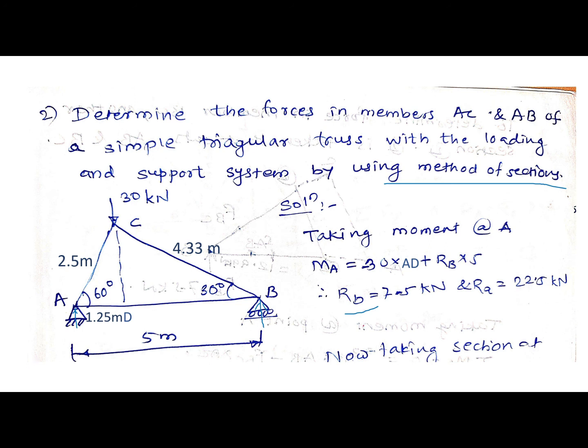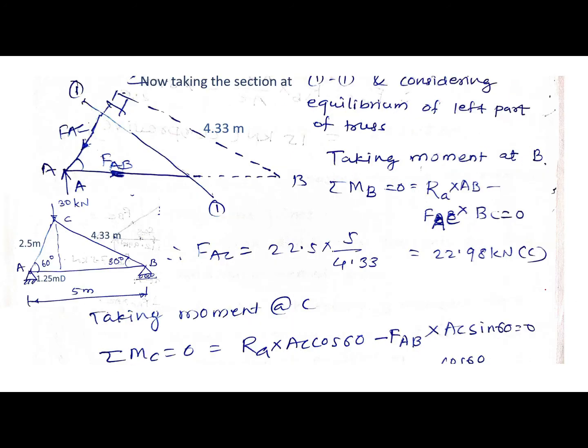By replacing the value of RB, we get the value of RA as 22.5 kilonewton.